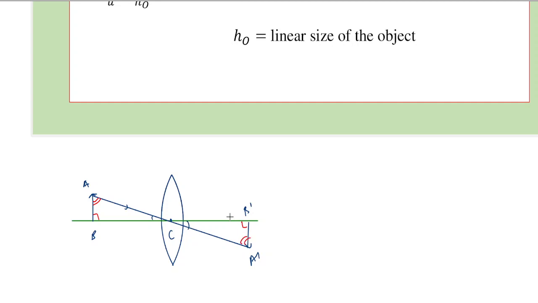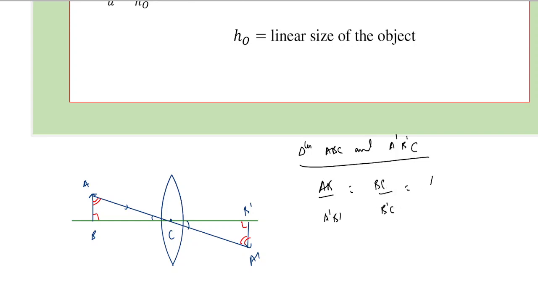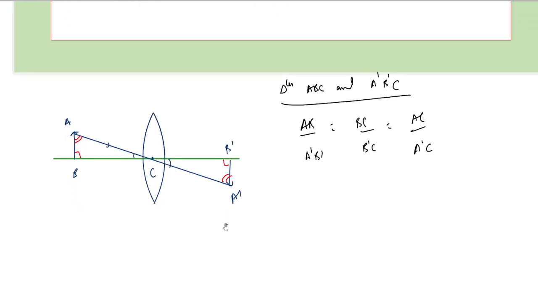So by property of AAA, we can tell that triangles ABC and A dash B dash C are similar triangles. That would mean that the ratio of sides are proportional. So AB by A dash B dash is equal to BC by B dash C, that is equal to AC by A dash C.